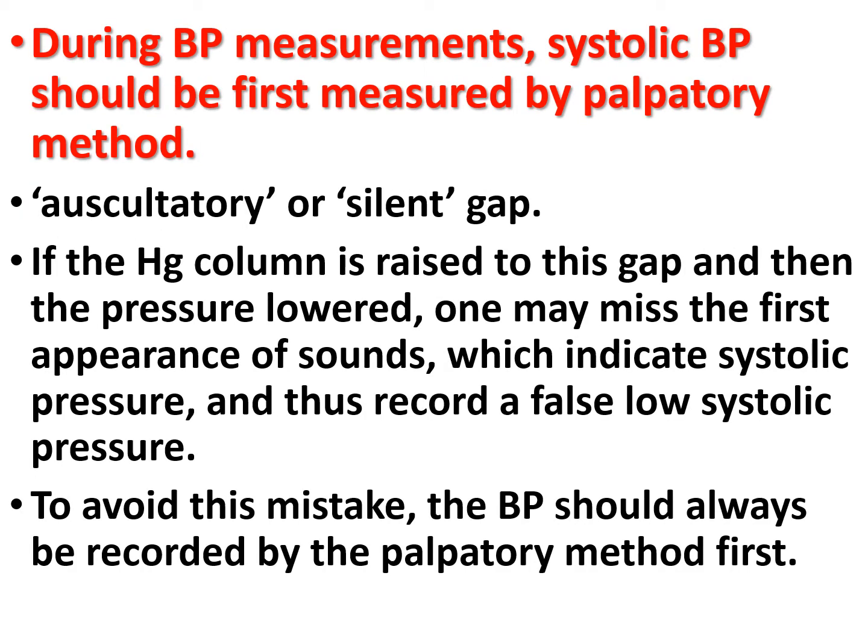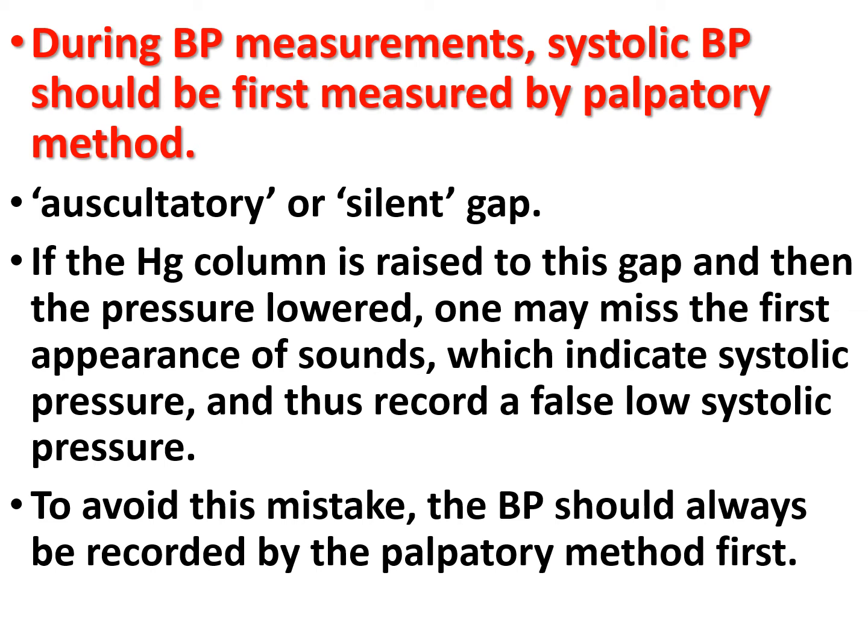During blood pressure measurements, the systolic blood pressure should first be measured by the palpatory method. Why? In some patients with hypertension, there may be a gap in the Korotkoff sounds. As the mercury is lowered, a few faint sounds are heard, which soon disappear, only to reappear once again at a lower pressure.